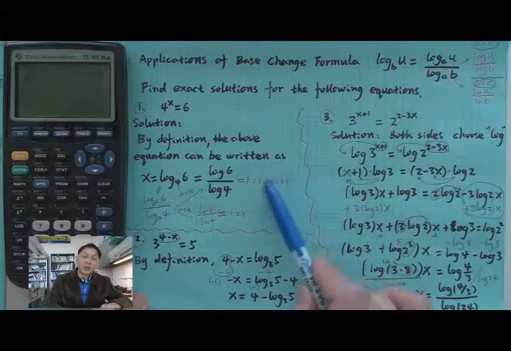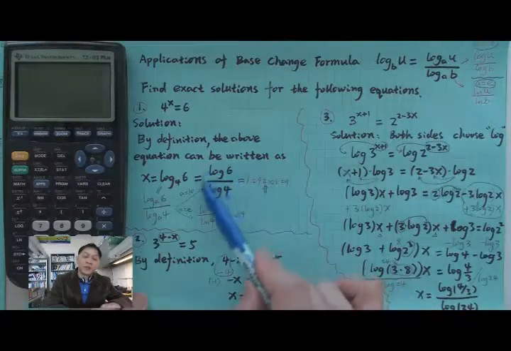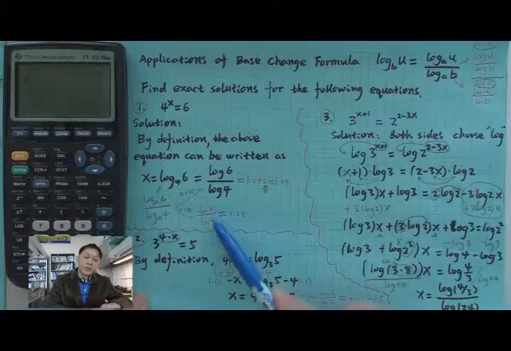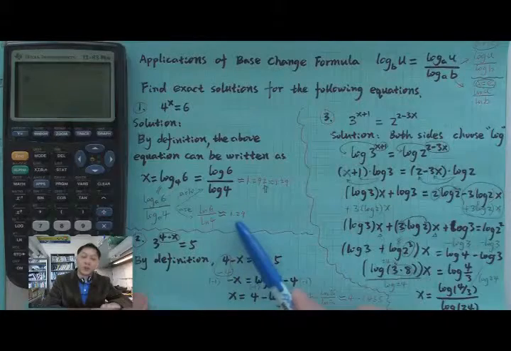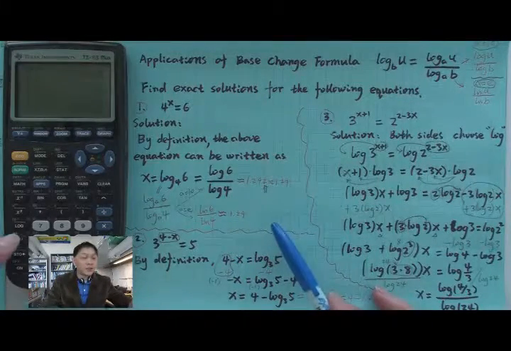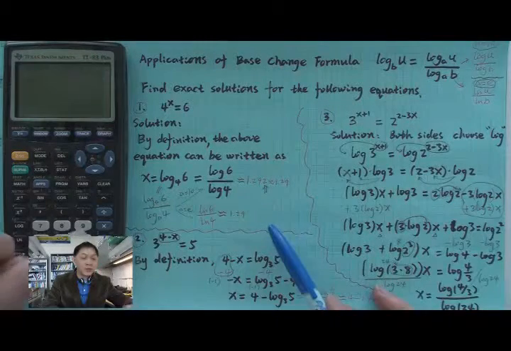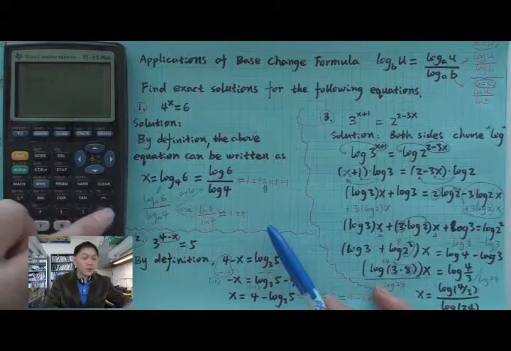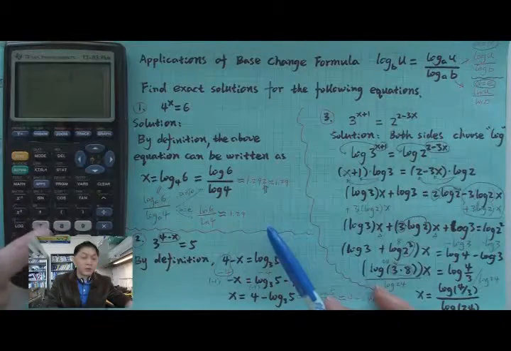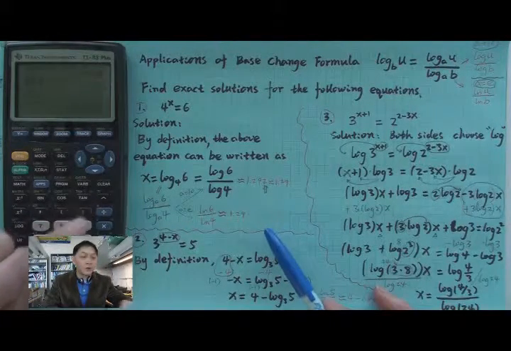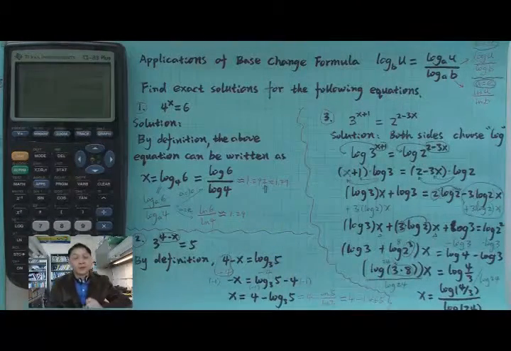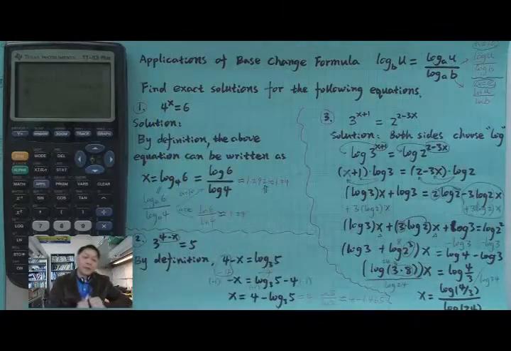That's the approximation of this answer. You can also use natural log 6 divided by natural log 4. You will end up with the same answer. Hit enter, the answer is the same. That's question 1, easy one.